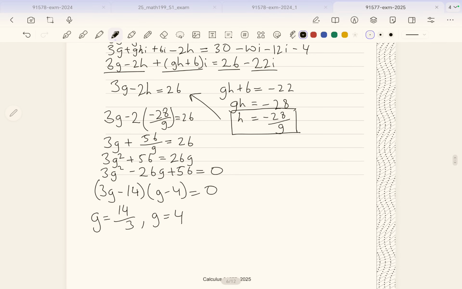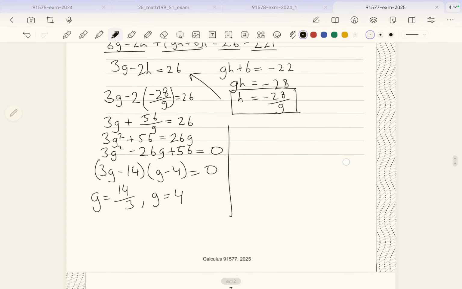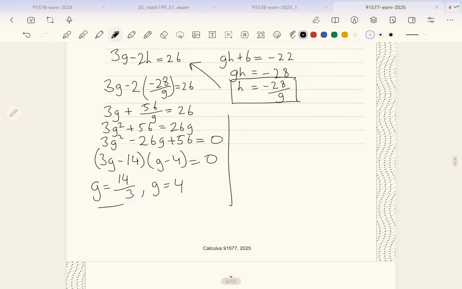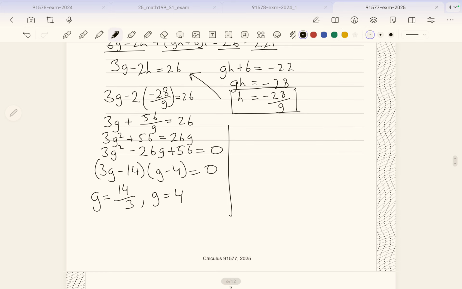Now going back to our expression for h, we have two possible values for g, and we can use these two values to find the value of h. Using h = -28/g, if g was equal to 14/3, h is equal to -28 divided by 14/3, which is -6.